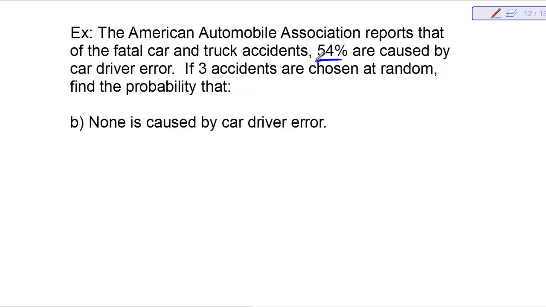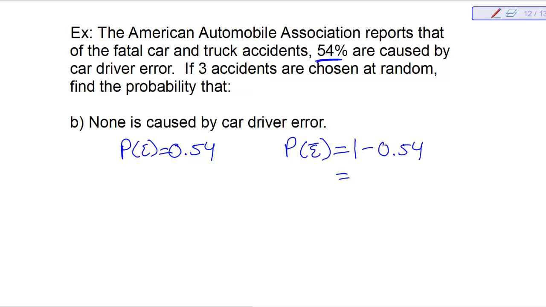Well, remember that if event E was car driver error and it was 0.54, the very opposite of that is the probability of E bar, the complement. Well, to find that, I'm going to do 1 minus 0.54. So the complement of that is going to be 0.46. So the probability that it's not caused by driver error, just one accident, is 0.46.